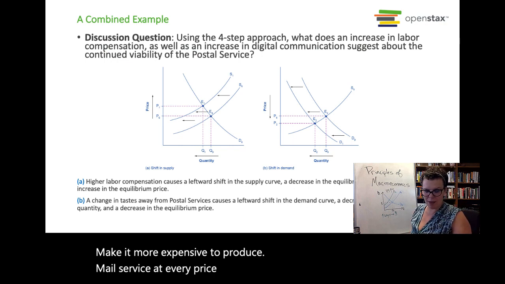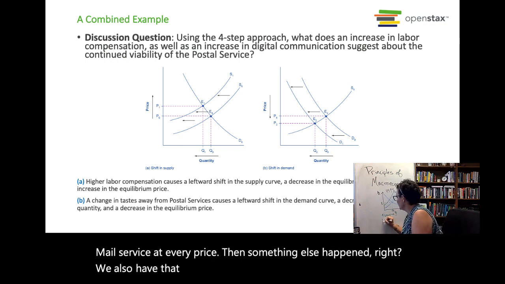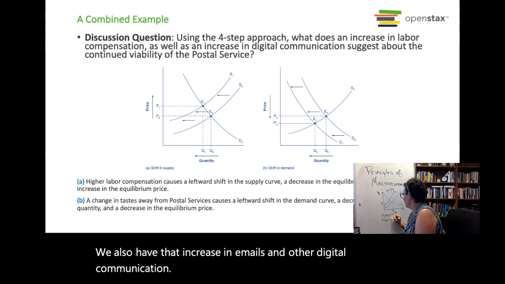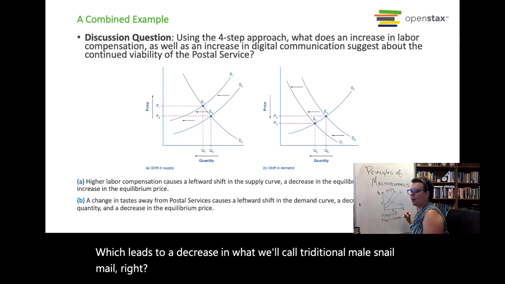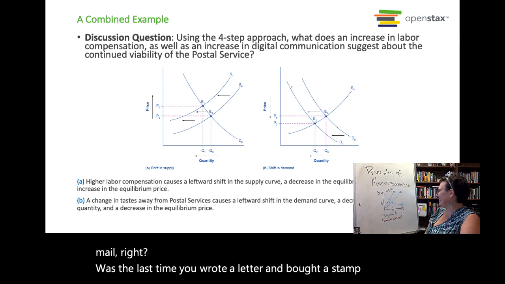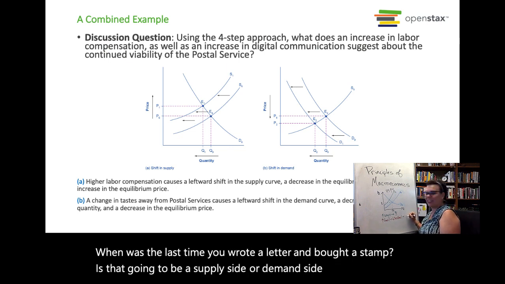Then something else happened, right? We also have the increase in emails and other digital communication, which leads to a decrease in what we'll call traditional mail, snail mail, right? When was the last time you wrote a letter and bought a stamp? Is that going to be a supply side or a demand side change?